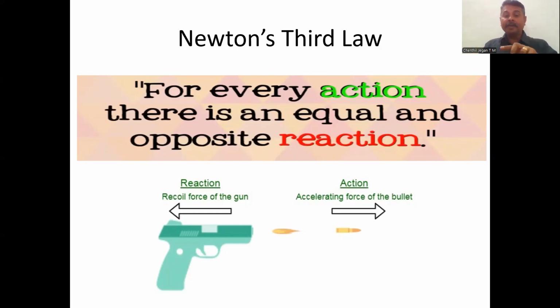At the same time, there is a recoil created on the gun itself. The shooter can feel the recoil. So that is called the reaction. Here the action is the accelerating force on the pellet, but the reaction is the recoil which happens in the gun.